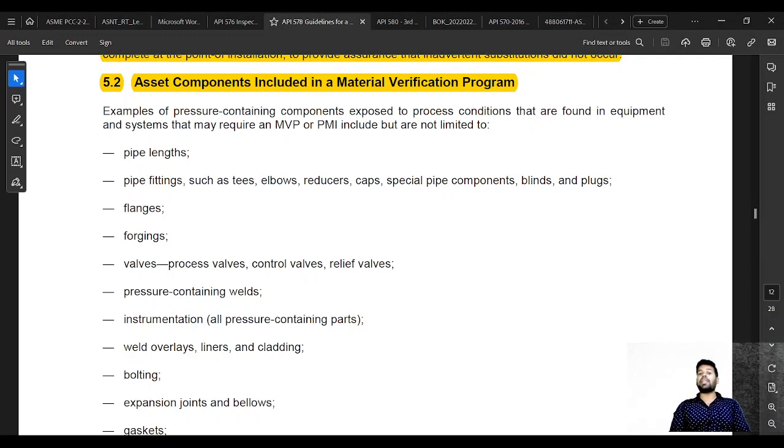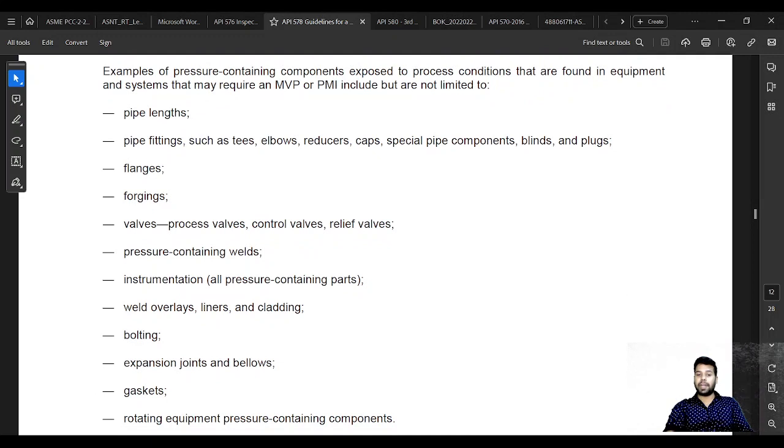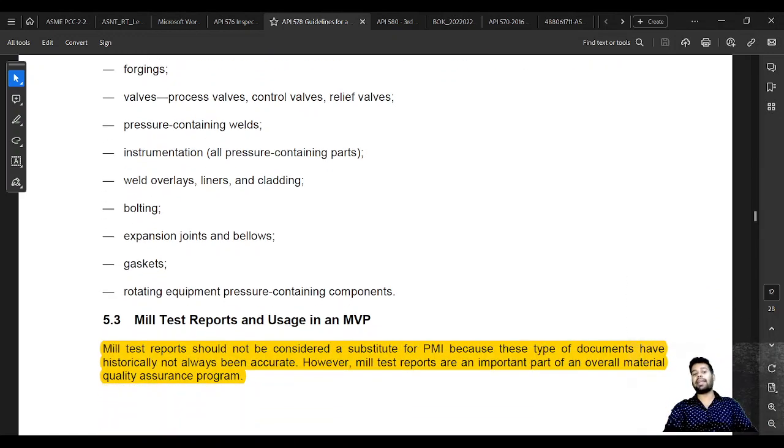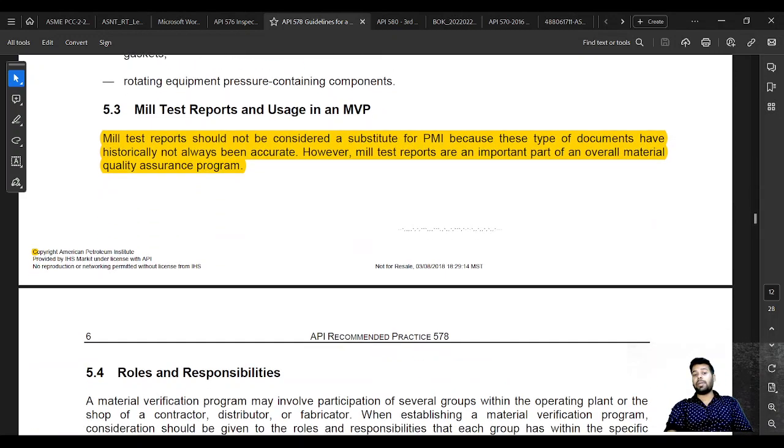Examples of pressure containing components exposed to process conditions, found in equipment and systems that may require a material verification program or positive material identification, include, but are not limited to, pipe cut lengths, pipe fittings, flanges, forgings, valves, pressure containing valves, instrumentation, weld overlay, lining, cladding, bolting, expansion joints, bellows, gaskets, rotating equipment, and pressure containing equipment. For all of these things you can have a material verification program, depending on what you have on your system.